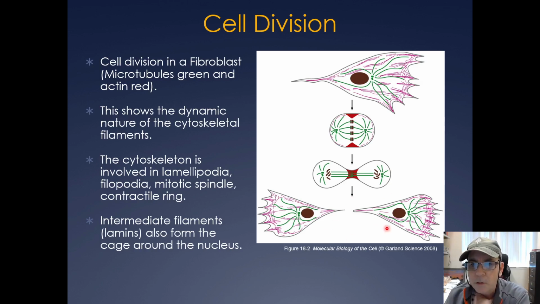This isn't the only thing that the cytoskeleton's used for. It's also involved in lamellipodia formation and filopodia, and it also forms the mitotic spindle and the contractile ring. In and around the nucleus are the nuclear lamins, and then there are other intermediate filaments like keratin that are in the cytosol.